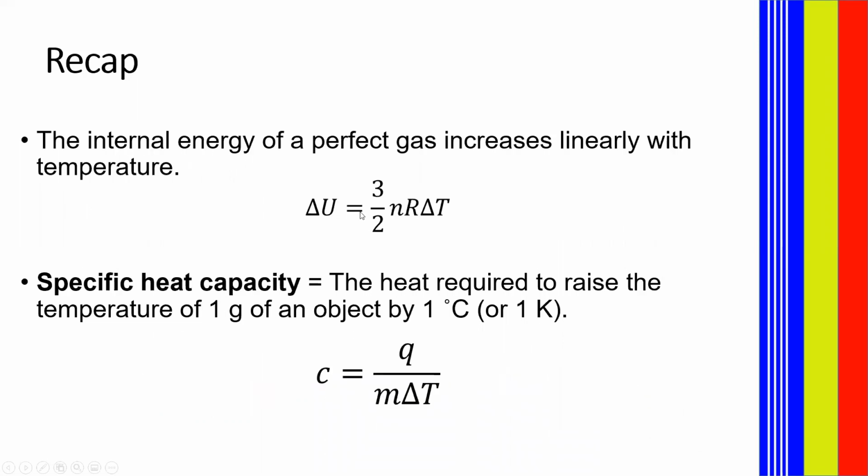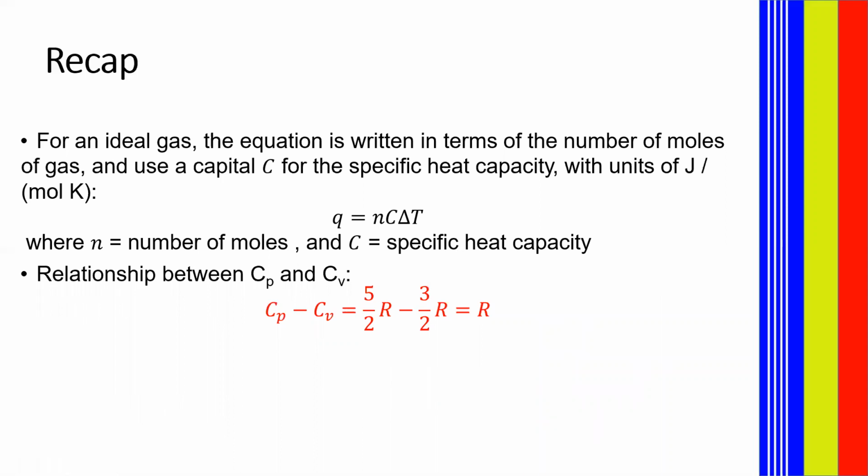And we talked about the partition function that leads to the equation delta U equals 3/2 nR delta T. We defined what specific heat capacity is, and also the relationship between Cp and Cv, in which Cp is the heat capacity at constant pressure and Cv is the heat capacity at constant volume.